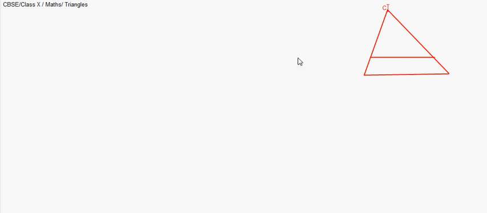This is C, that's A, that's B, D, E. In this figure, it says AD by DC is equal to BE by EC. It is given AD by DC equals BE by EC.